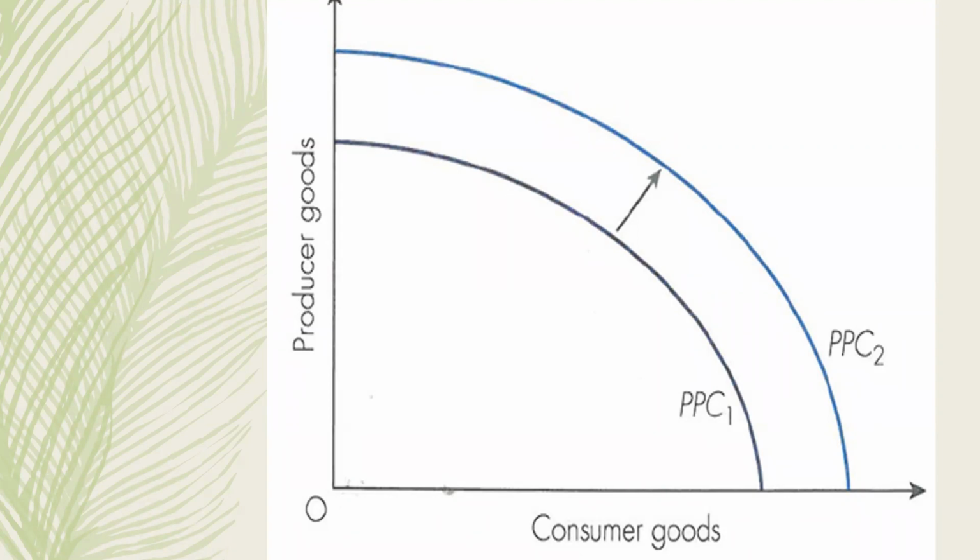The country should always strive to select a combination that gives more capital goods and less consumer goods. Without capital goods, you will not have any consumer goods. So this is just another example of how to do the PPC, showing it shifting outwards.